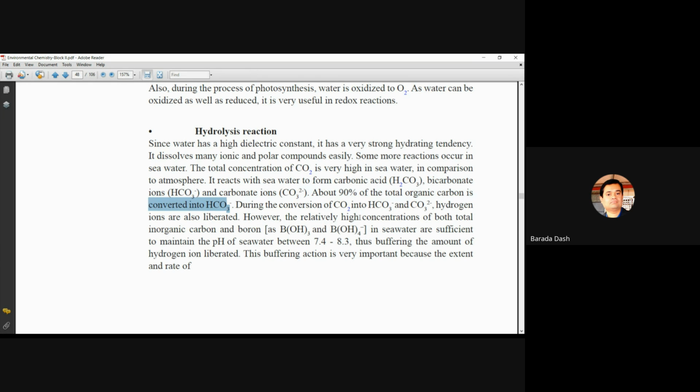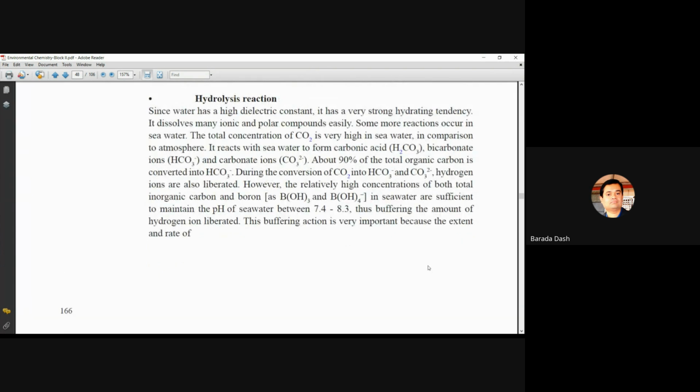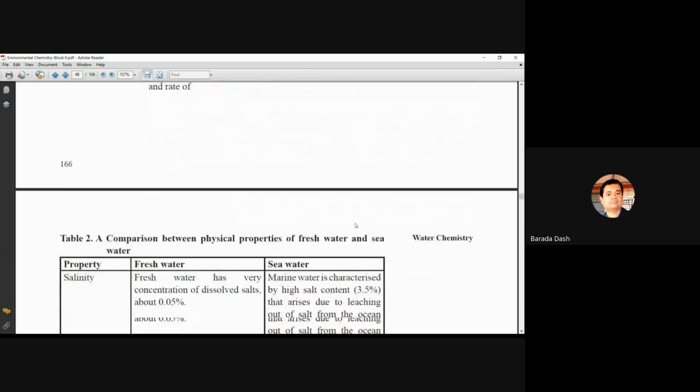However, the relatively high concentration of both total inorganic carbon and boron in seawater is sufficient to maintain the pH of seawater between 7.4 and 8.3. Thus, the liberated hydrogen ion is buffered. Basically, the presence of carbonate, inorganic carbon, and boron in the form of dihydroxyboron or tetrahydroxyboron actually maintains the pH of the water.